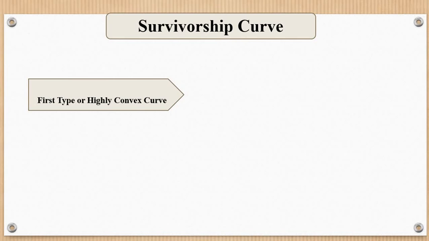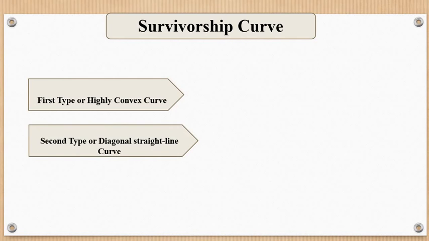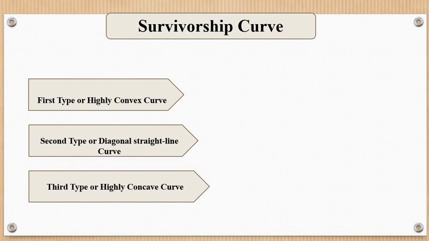Let's see which different types of survivorship curves there are. The first type is called a highly convex curve. The second type is a diagonal straight line curve. And the third type is a highly concave curve.